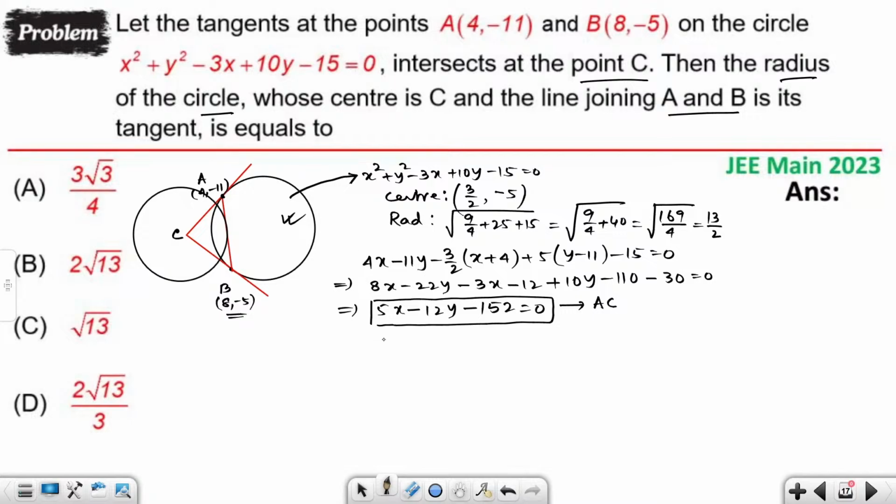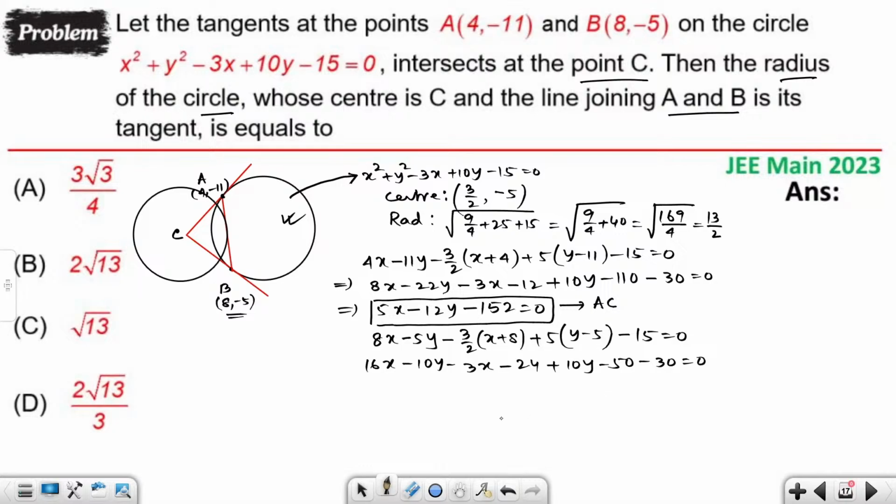Let me just use it. So it's 16x, 10y, 50, 30, right?